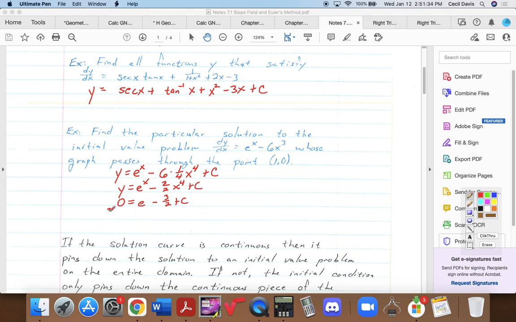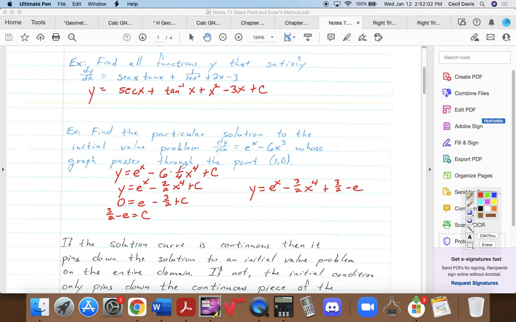Solving that for c, we get 3/2 minus e is c. So our particular solution is y is equal to e to the x minus 3/2 x to the 4th plus e plus 3/2 minus e. That is the particular solution.